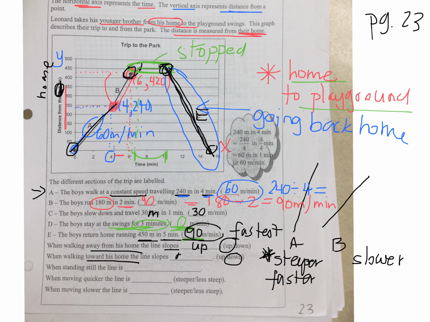Down, good. When standing still, the line is horizontal. There's no movement. Now moving quicker, is the line steeper or less steep? Steeper. And when moving slower, the line is less steep.